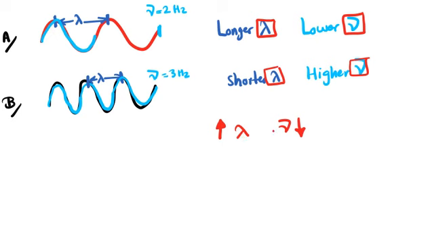Inversely. It's easy to memorize: longer, lower. The higher frequency means shorter wavelength as well. So they are opposite of each other.